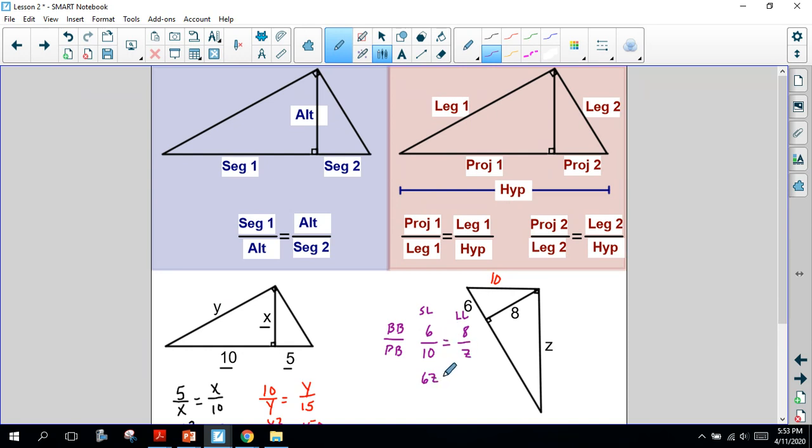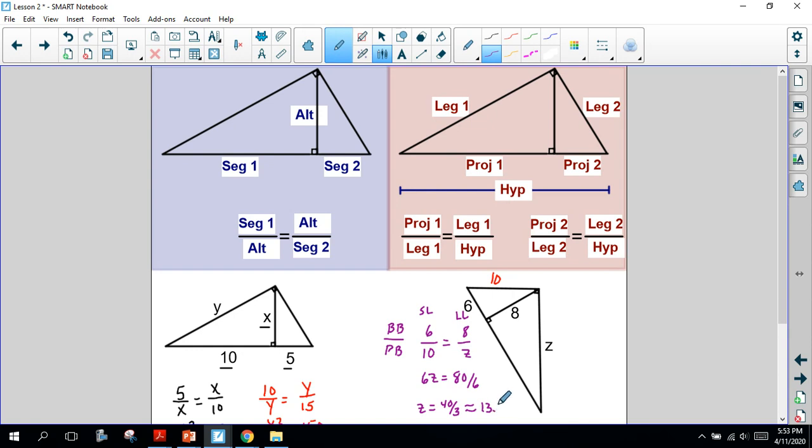6z is equal to 8 times 10, which is 80. When you divide by 6, z ends up equaling, reduces down to, 40 over 3. That's probably your best answer, because that is approximately equal to, 3 would go into 40 13 times.